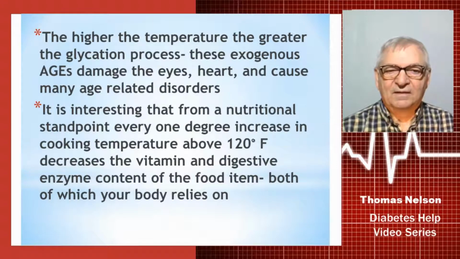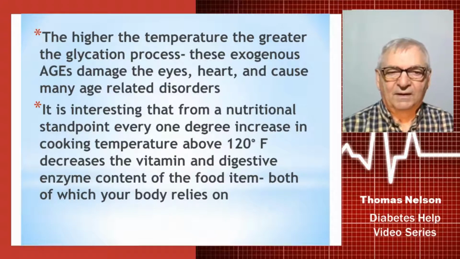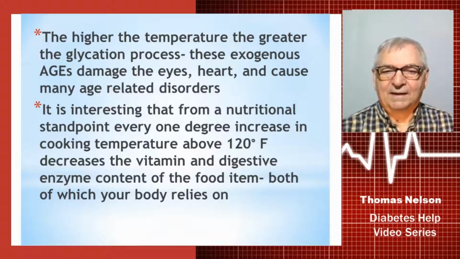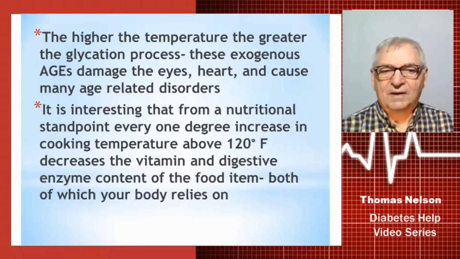It is interesting that from a nutritional standpoint, every degree that you increase the cooking temperature above that 120 degrees Fahrenheit decreases the vitamin and mineral content of the food and the digestive enzymes that you rely on to digest it, but it also changes the structure of that food as well.